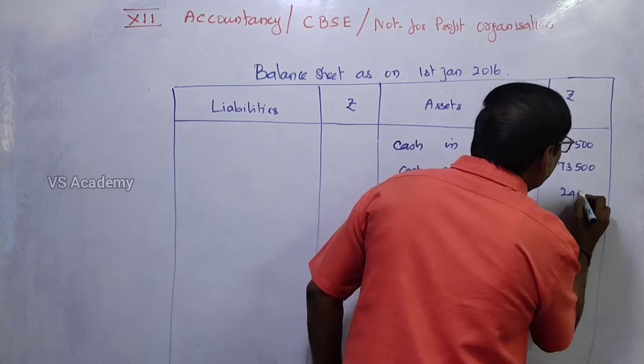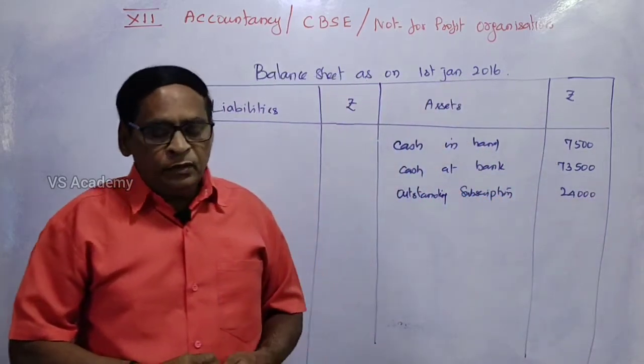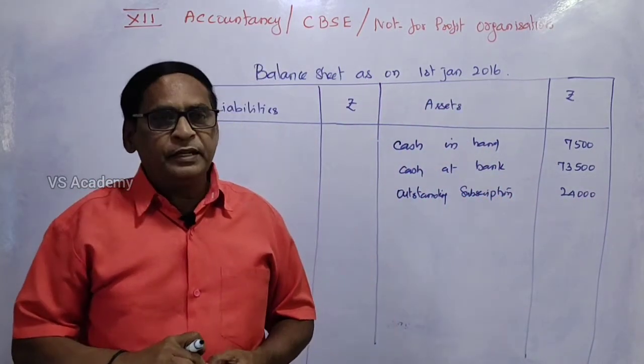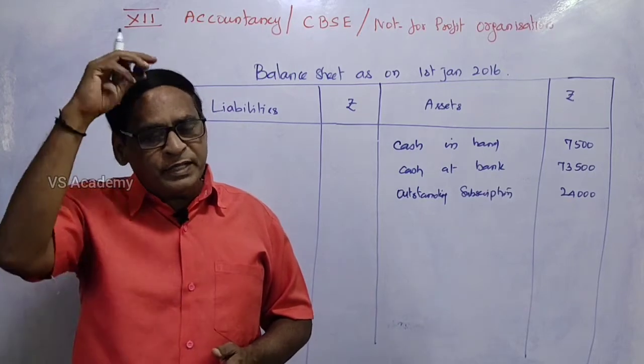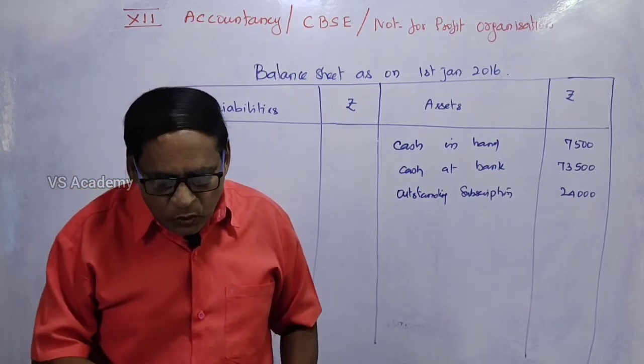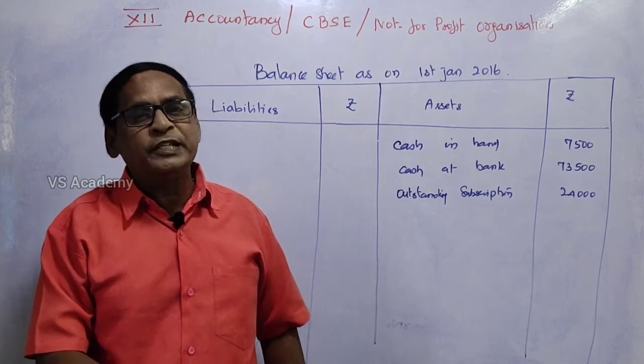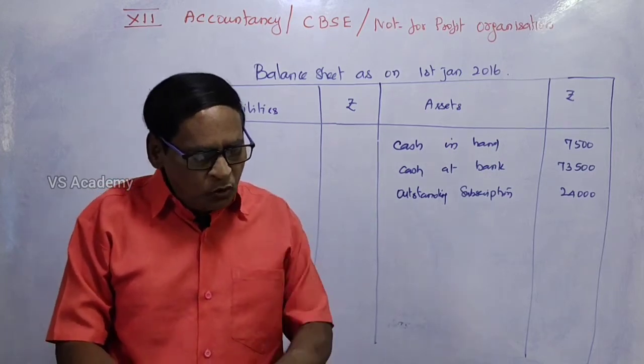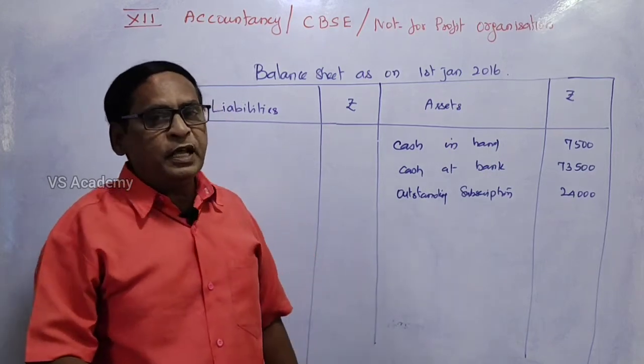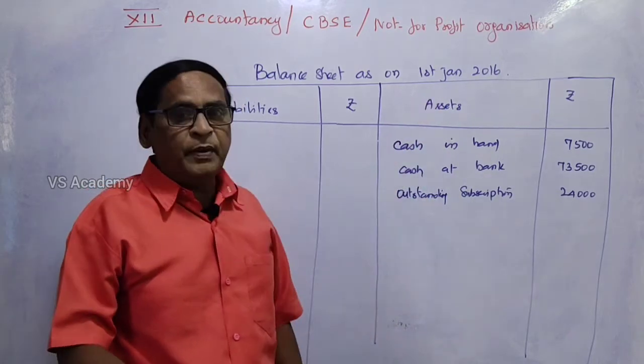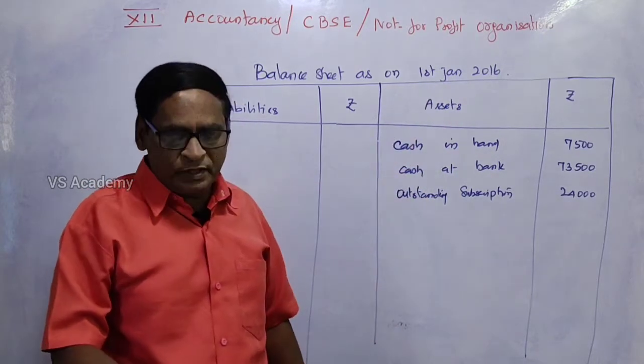rupees 24,000. And then one car was sold during this year, but the car would have been purchased in the previous year. The book value of the car was 16,500 rupees. So 16,500 rupees is the car value as on 1st January, according to the previous balance sheet.